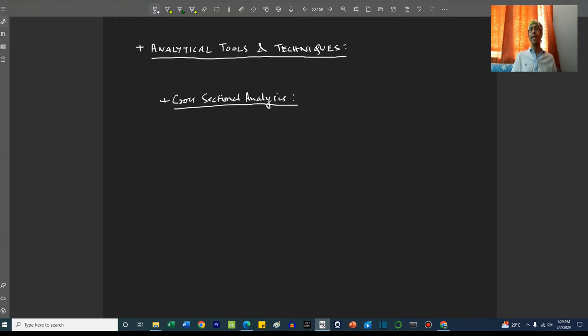It is basically analyzing, for a single timeline, an entire series of parameters for two or more companies. So, analysis for a single time period, a series of parameters. Let's say we are taking the entire profit and loss statement of two companies, A and B.